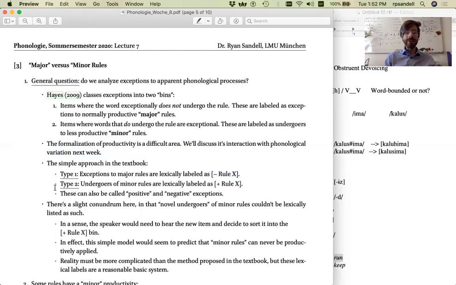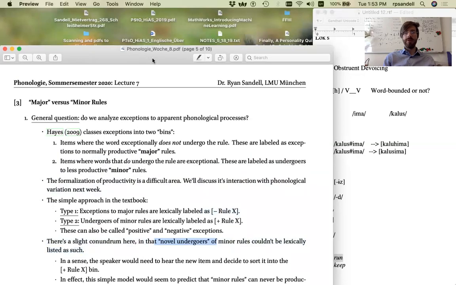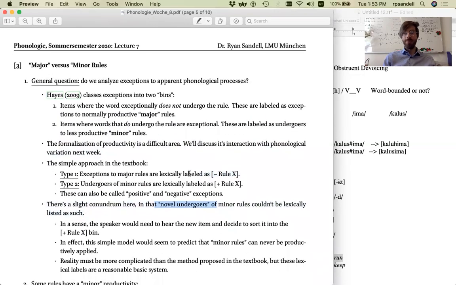However, there is a slight conundrum here insofar as one ever finds any novel undergoers of minor rules. So under this theory, there can't be any novel undergoers of minor rules, of words that are not really productive.